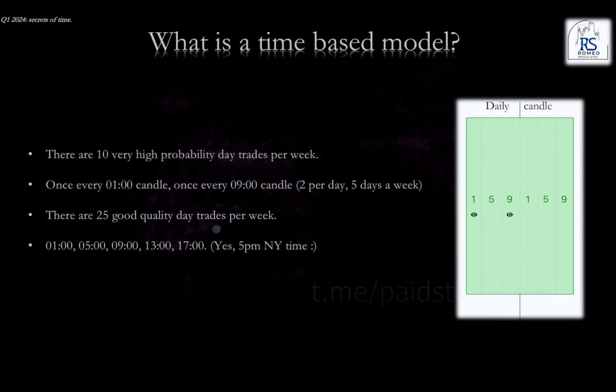So this gives you an encapsulation of the data. This is a form of collecting data. You know exactly when you're going to trade, which is twice a day, 1 and 9. If you have more time, then you can go and trade every single 4-hour candle.